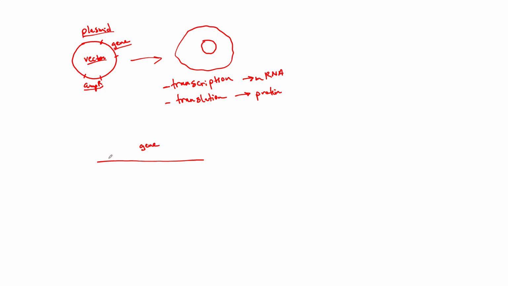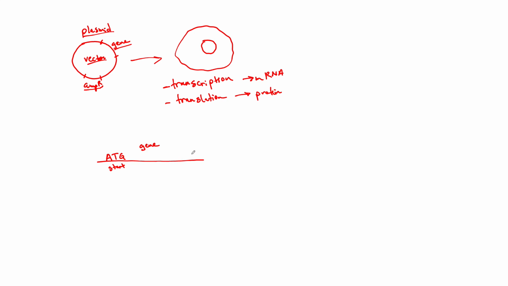You also remember that every gene has a start codon, and that's always going to be an ATG, and that indicates to the machinery of translation, so to the ribosome, where to start translating the protein.